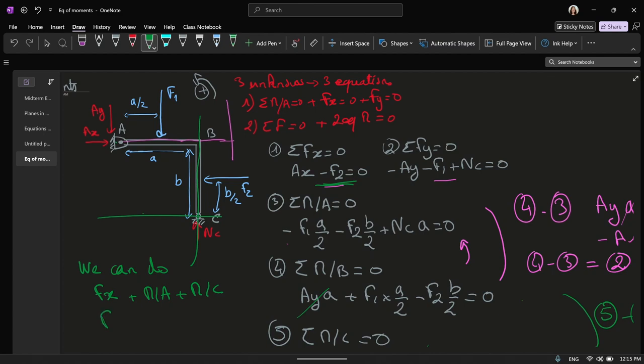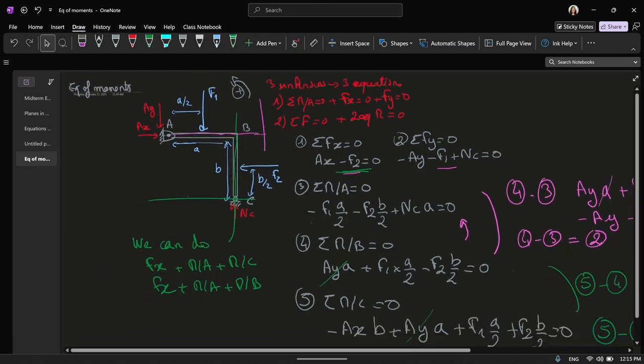Or, if we want, we can do force on x plus moment about A plus moment about B. But we can't do B and C. We showed that the equations were not independent. So this is for force on x.